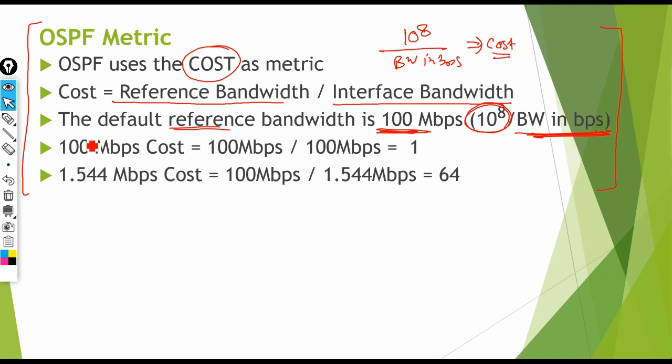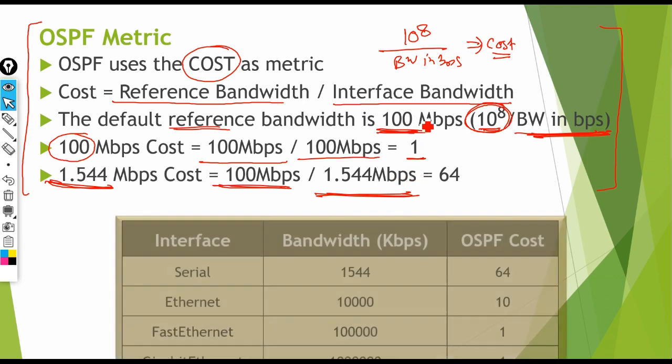So for example, if you have a 100 Mbps connection, how can you calculate the cost? 100 Mbps is nothing but 10 power 8 bits per second divided by 100 Mbps. The cost will be 1. If you want to calculate the cost for a 1.544 Mbps serial interface, it is 100 Mbps divided by 1.544 and the cost will be 64 here.